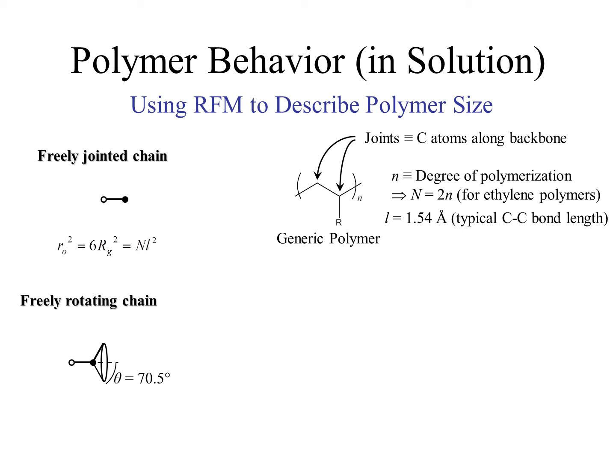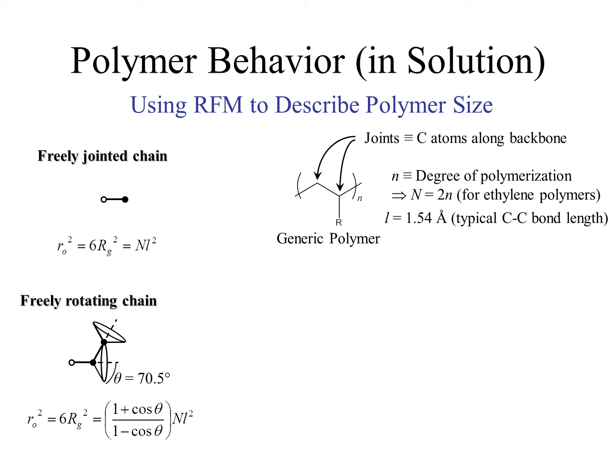As represented here with the cone, this essentially allows the bond to rotate, but the angle must remain constant, hence the freely rotating portion of the name. There is still plenty of freedom for the steps to be in different directions. They just have to maintain a certain angle.